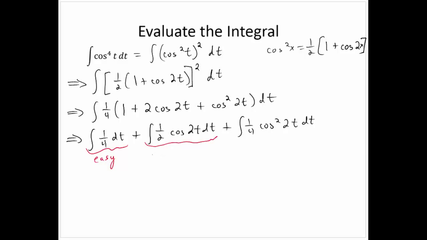This is a u sub. We just need to let u equal 2t, and we can evaluate this integral. This last integral, 1/4 cosine squared of 2t dt, since it has that cosine square in again, I'm going to use that same reduction idea. So this becomes plus, I can bring the 1/4 outside, and now cosine square of 2t would be 1/2 of 1 plus cosine of 2 times 2t.